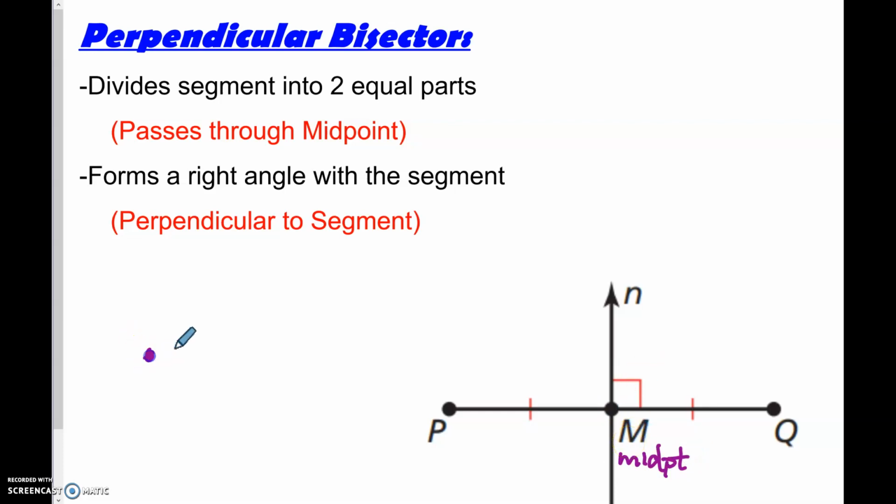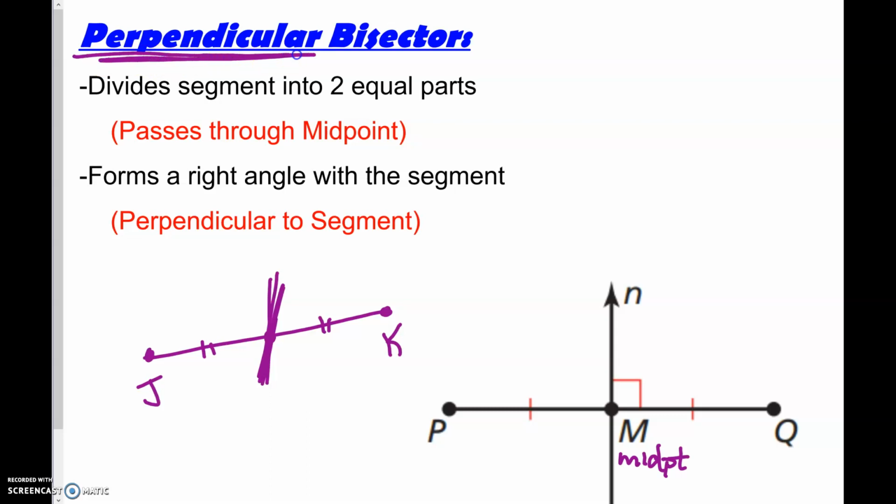So we did some back in, I don't know if it was lesson 1-2 or something, and if we had JK here, and we had a segment coming through so that these two were marked congruent, we can still mark that we have a bisector here, but notice we have a word in front of it that is saying perpendicular bisector. So this one's still a bisector. It's still dividing it in two. It's just not coming down perpendicular.